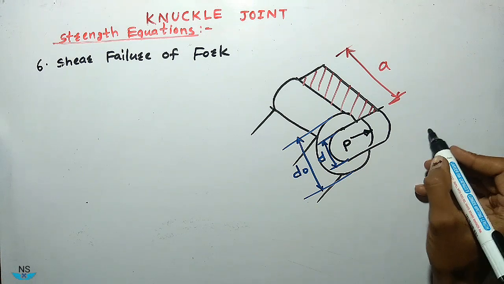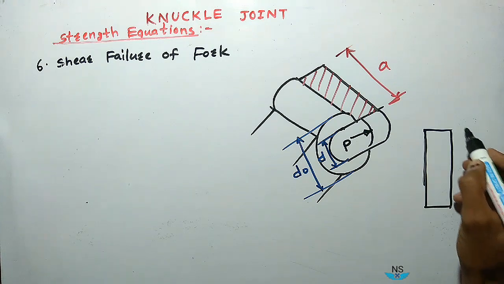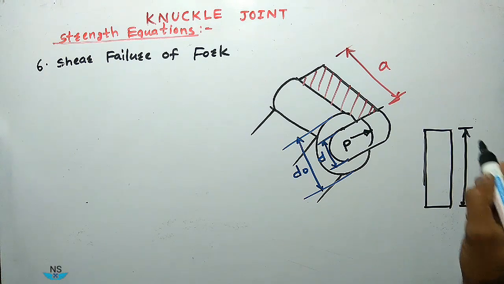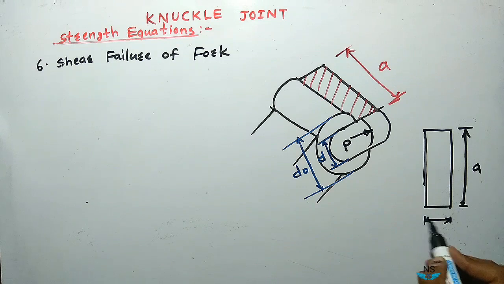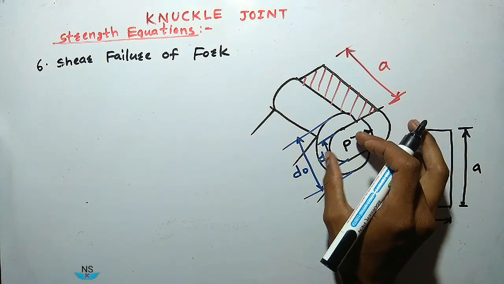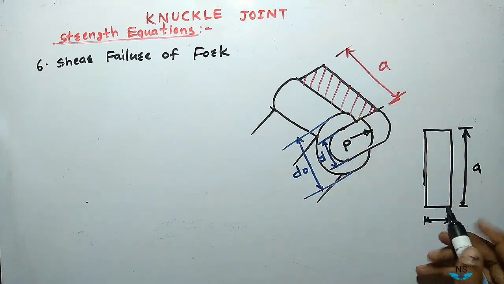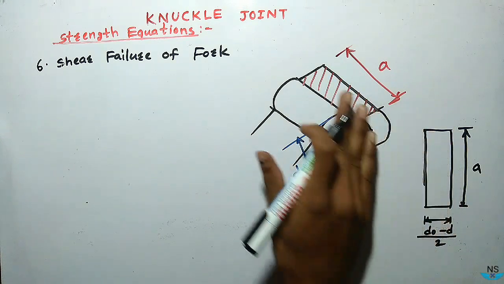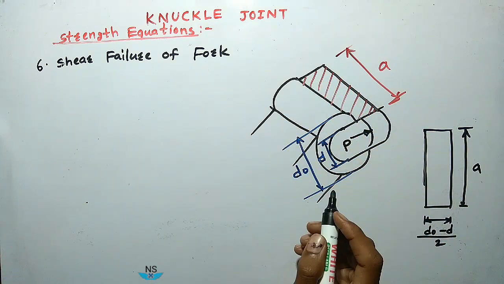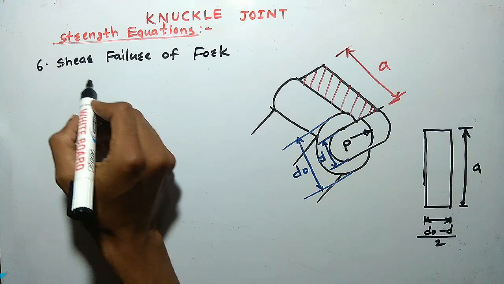Now area of failure will look like this. Rectangle is there. This is thickness of end of fork A, and this dimension is D naught minus D, this ring will remain divided by 2. D naught minus D divided by 2. So failure will take place on bottom side also, and similar failure will take place on another eye of fork.